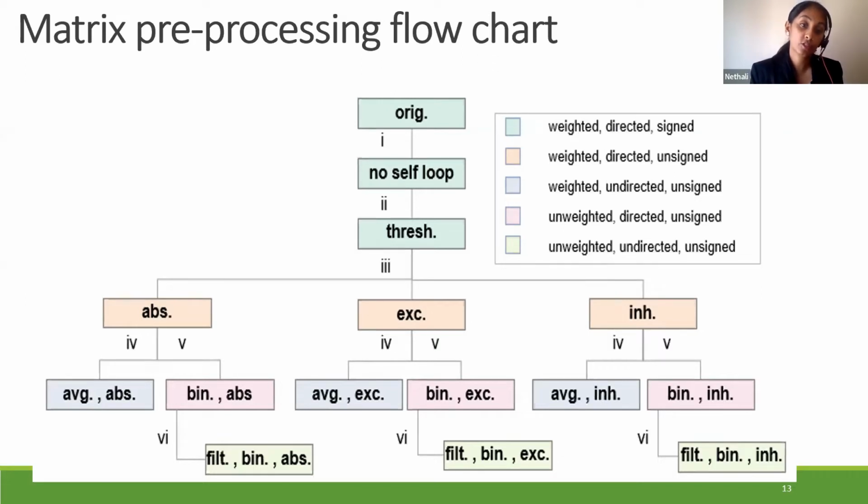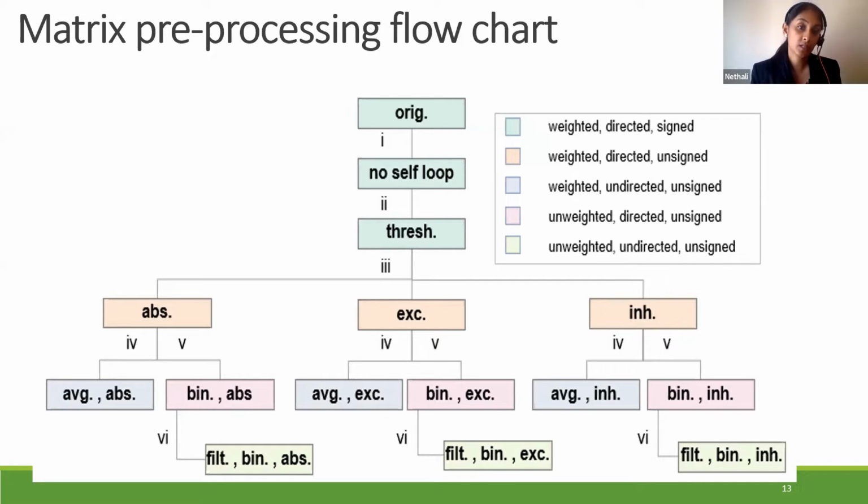Then we do the thresholding that I spoke about earlier, where you take mean plus 1 standard deviation and remove the links that are smaller than that. Once we have done that, we look at 3 different matrices, which we call the absolute value, or ABS, then excitatory and inhibitory.